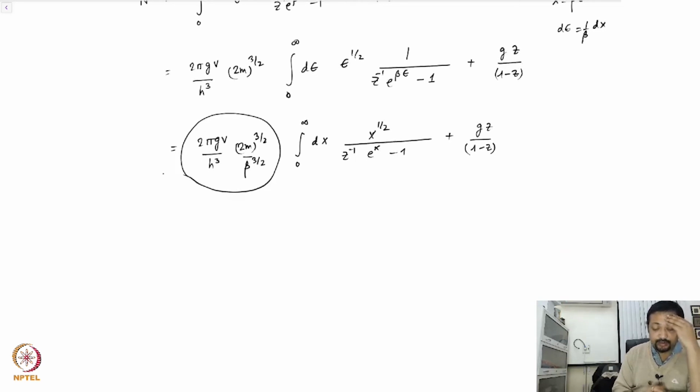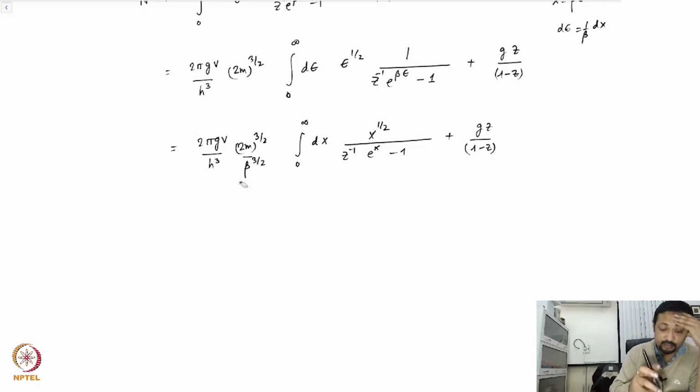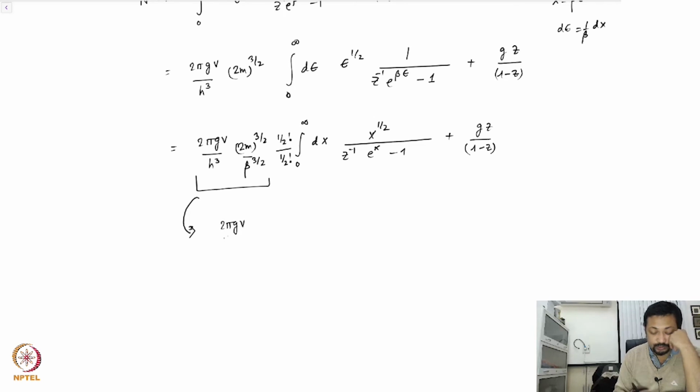One needs to look at this factor over here again, and this is just a repetition of what we did earlier, but let's just do it very quickly. Multiply and divide throughout by half factorial, so that this particular quantity will give you 2 pi gV over h cubed, twice m raised to the power 3/2, square root pi over beta to the power 3/2.